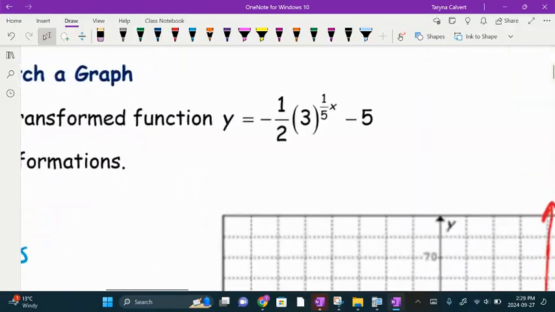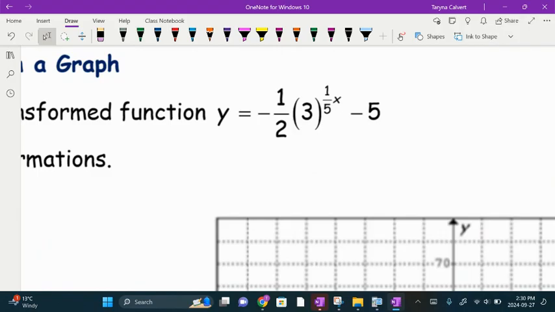So I want you to be able to look at this and know where the vertical, not vertical, sorry, yes, the vertical translation is, but where that affects your horizontal asymptote. So I'd expect you to be able to look at this and know that the horizontal asymptote is at where? -5.